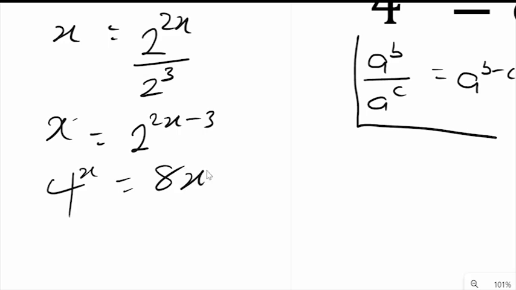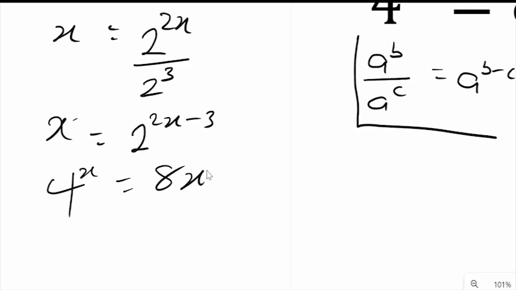So all you need to do is, anywhere you see x, let's substitute 2 raised to the power of 2x minus 3. Of course, you know that this holds for whatever value of x, the right hand side will also be a function that we can make use of. So substitute x equals 2 raised to the power of 2x minus 3 in the original equation that you have.